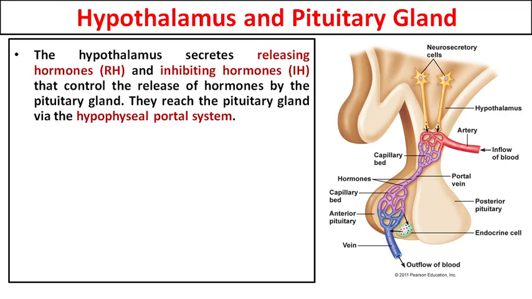But wherever there is a portal system, the vein divides and forms different capillaries, and after there is some exchange of materials, these capillaries again converge to form a larger vein. Clear? So this here is called a portal system.